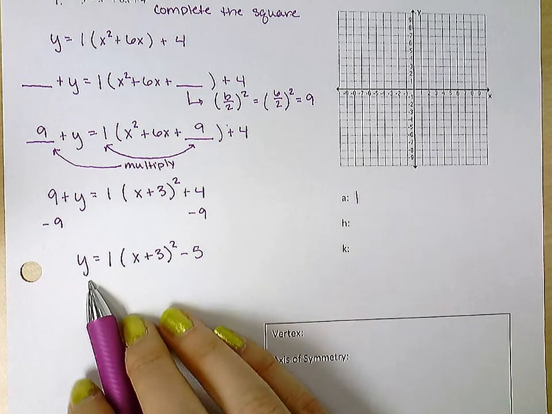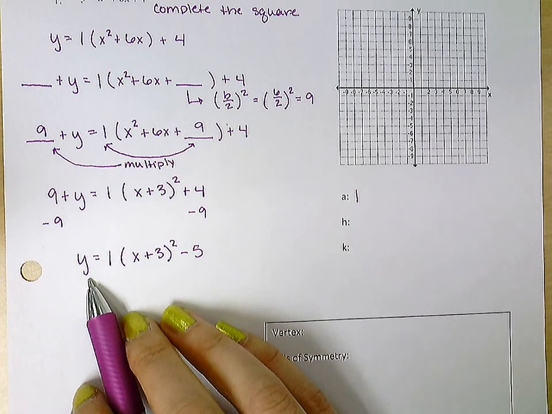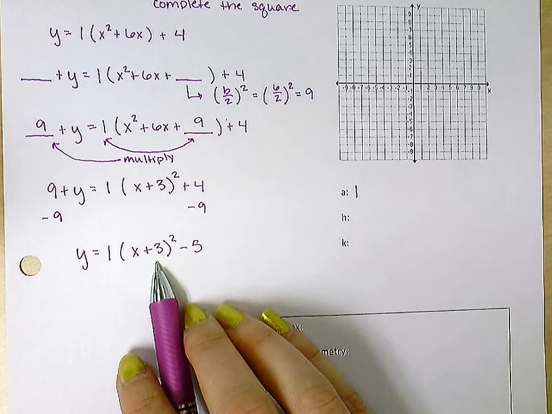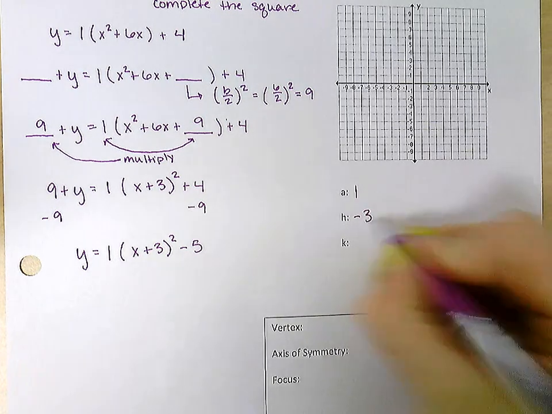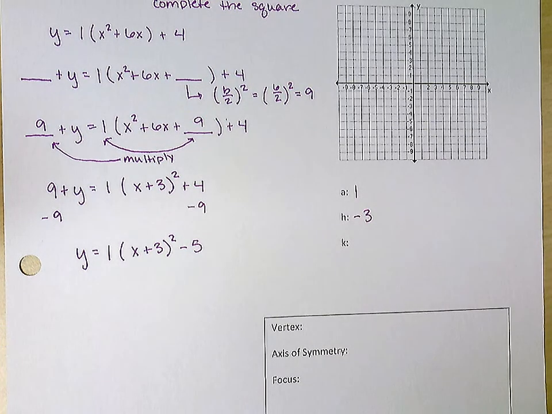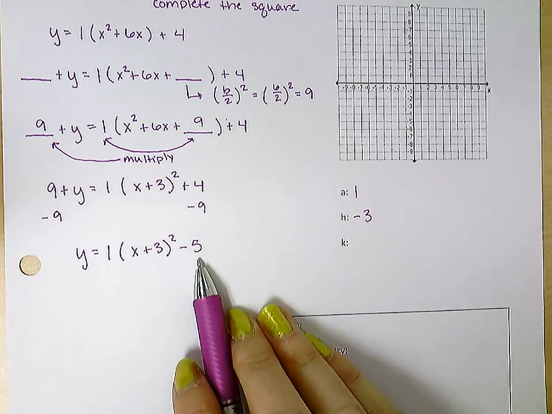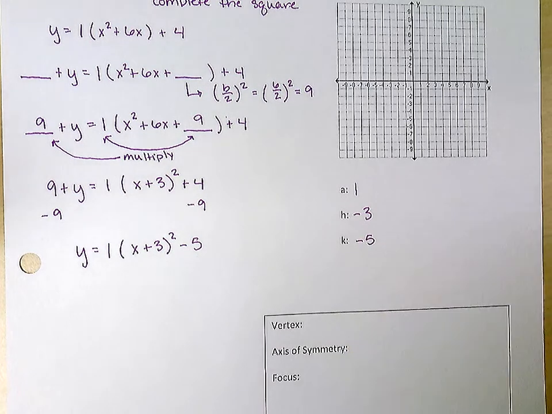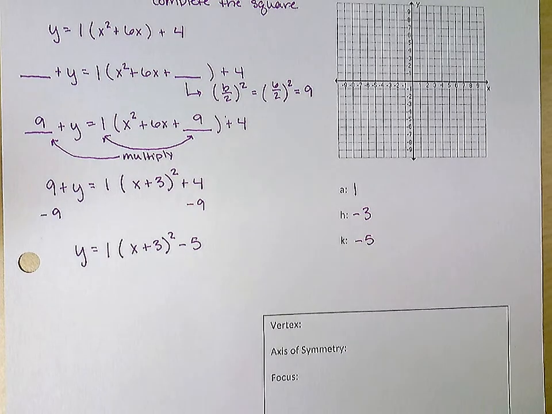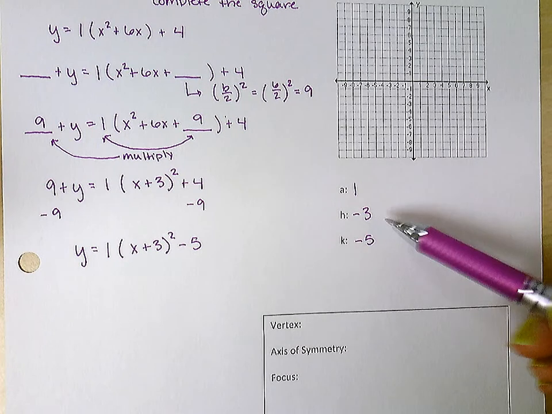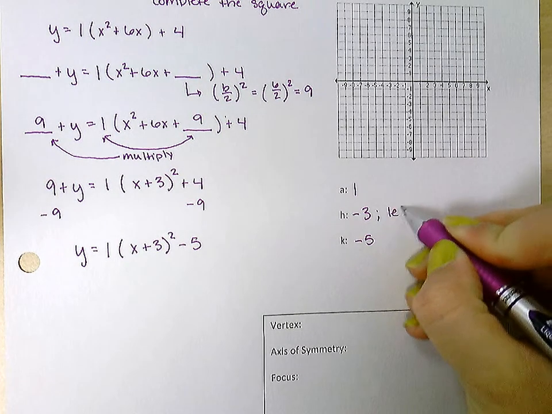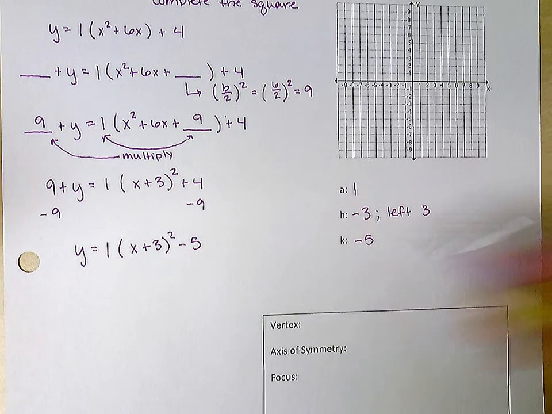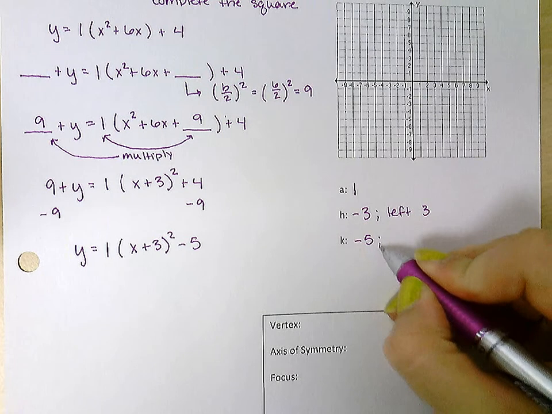Your h value, since this is in the form of y equals, h is on the inside of your parentheses, and you take the opposite of what it is. So negative 3. And k is on the outside, so that is negative 5. So moving your graph, this negative 3 will move it left 3 units. And this negative 5 will move it down 5.